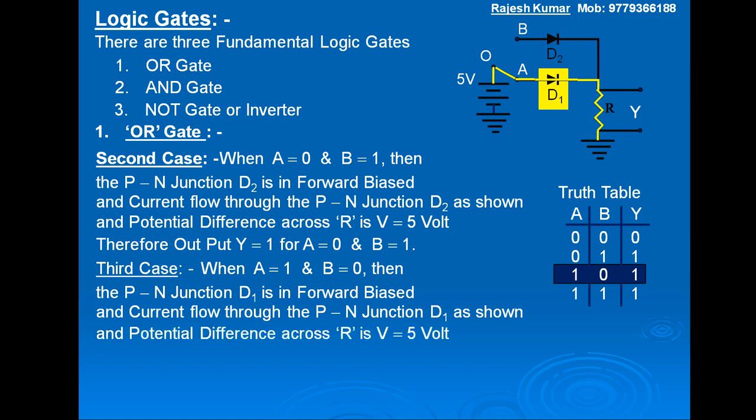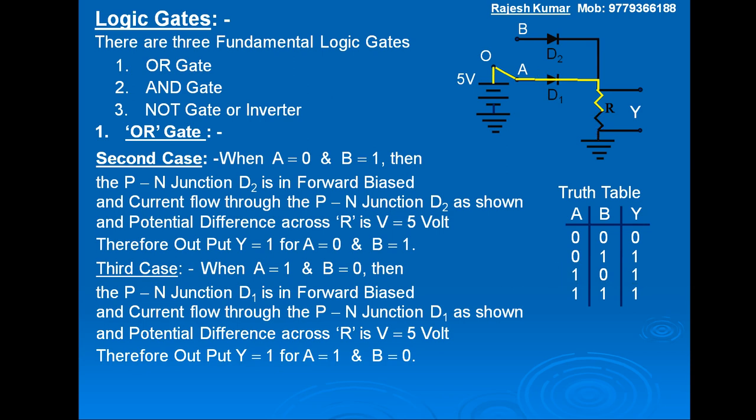The potential difference across R is V equal to 5 volt, or it is at high potential, or we can say Y is equal to 1. Therefore, output Y is equal to 1 for A equal to 1 and B equal to 0.